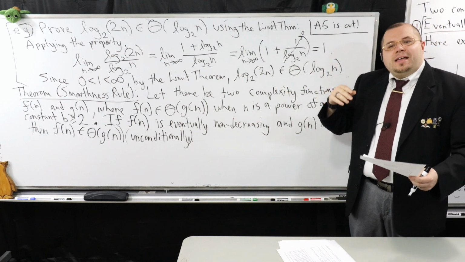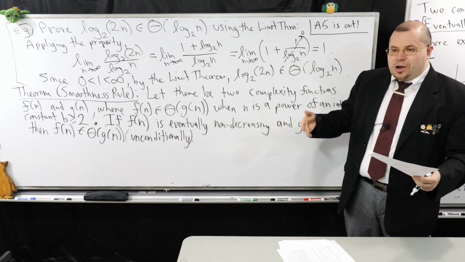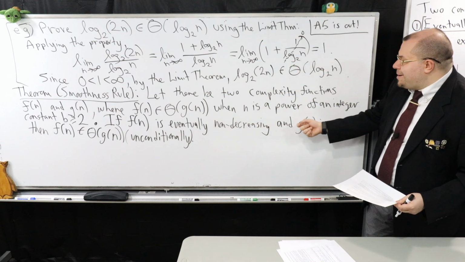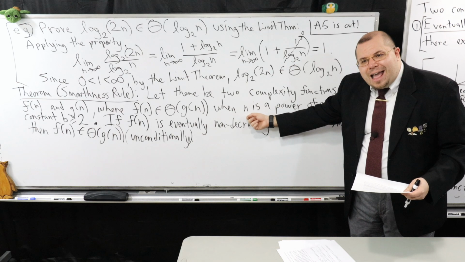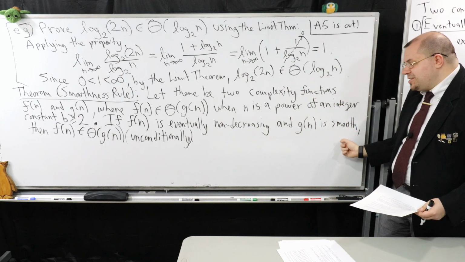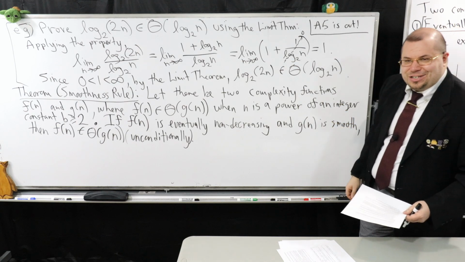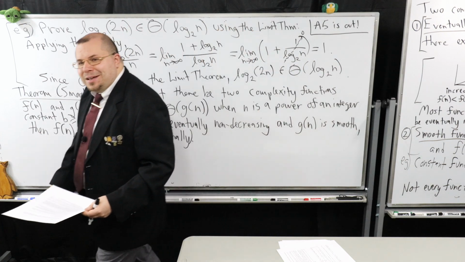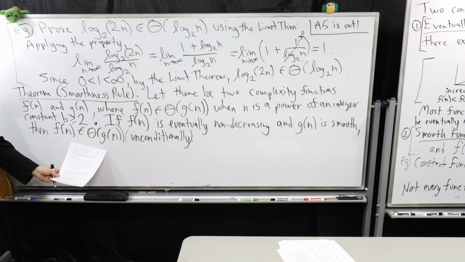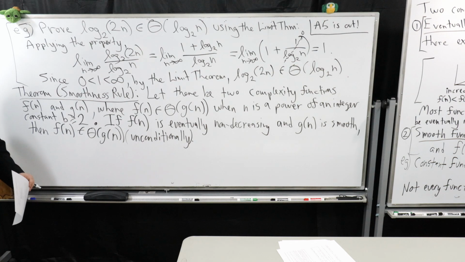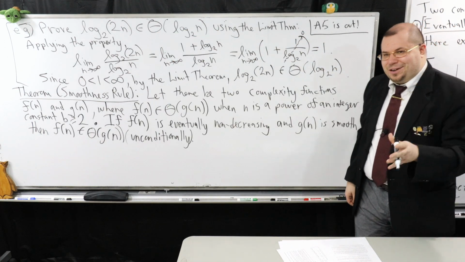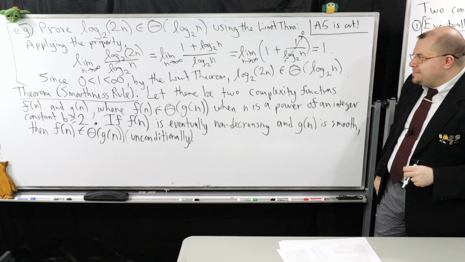If you find yourself in a predicament where it's hard to round numbers up and down and it gets very tedious, you can make some assumptions about the input n. If these two functions have these two properties, one eventually non-decreasing and the other smooth, which, by the way, g has to be eventually non-decreasing as well by definition, then whatever you assume up here, it still holds regardless by the smoothness rule. So are there any questions about this theorem?